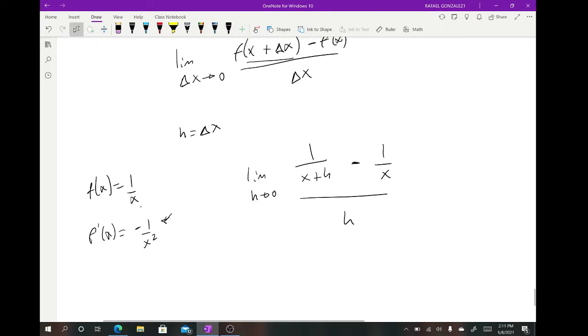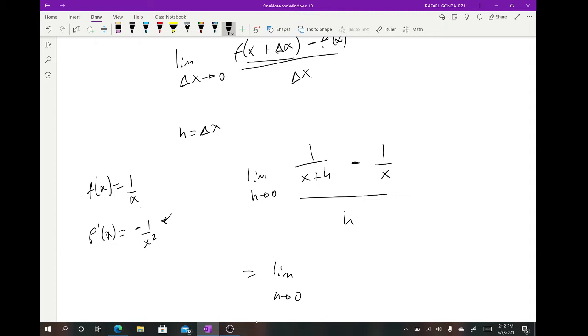Okay, so here I have a complex fraction, and what I will choose to do is to first combine the fractions in the numerator and then multiply by the reciprocal of h.